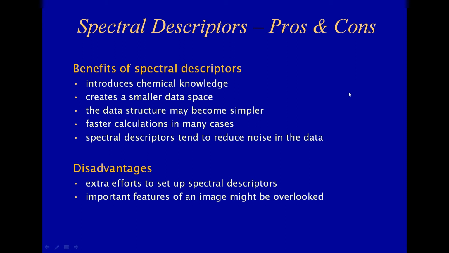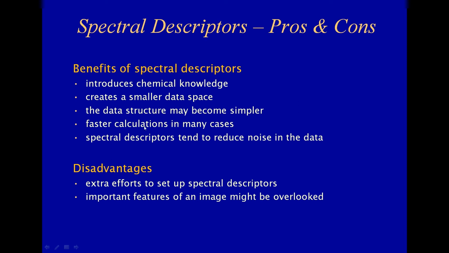Due to the fact that you are using a smaller number of spectral descriptors, the data space is much smaller, and the data structure may become simpler, and in many cases, or at least in 90% of the cases, they're actually becoming simpler. This reduces the required time to perform the calculations, and, which is quite important, spectral descriptors are reducing noise in the data in many cases.